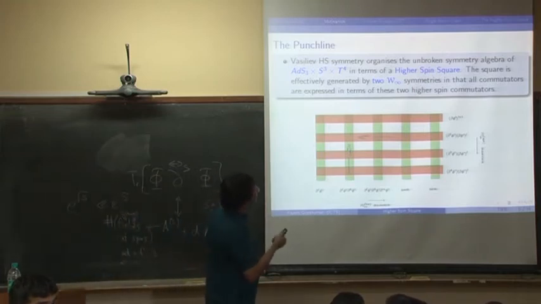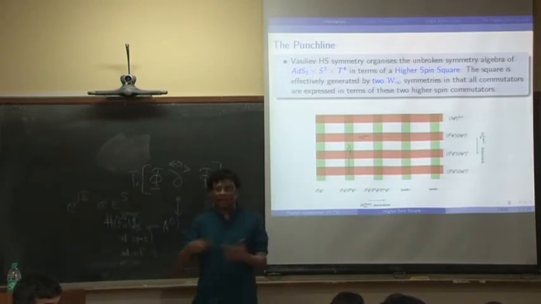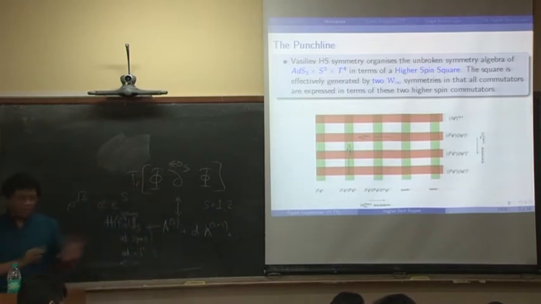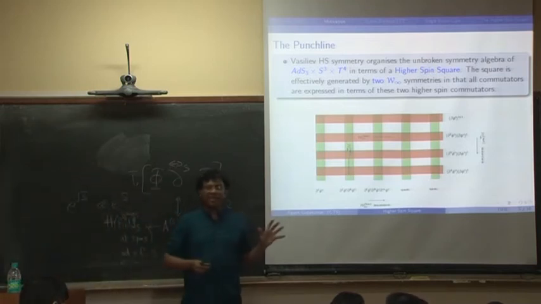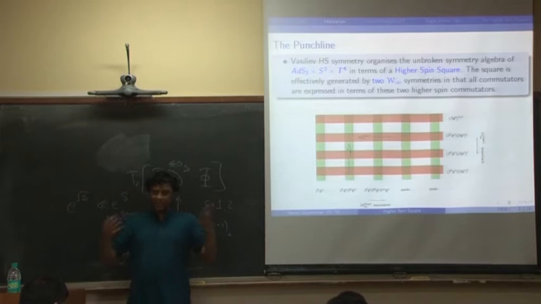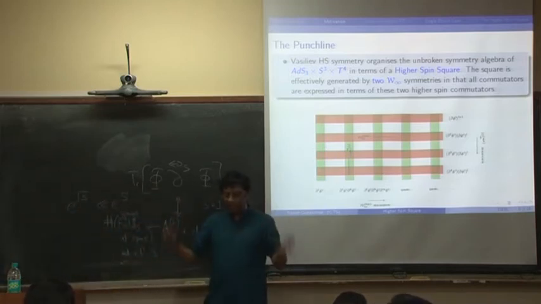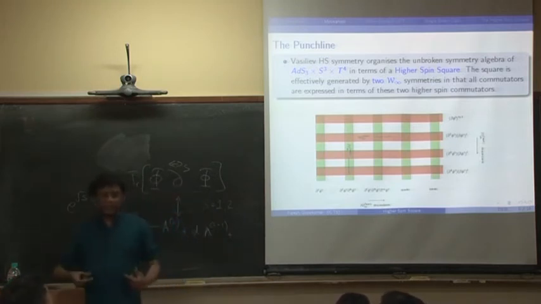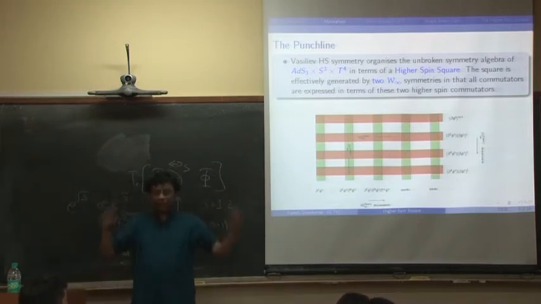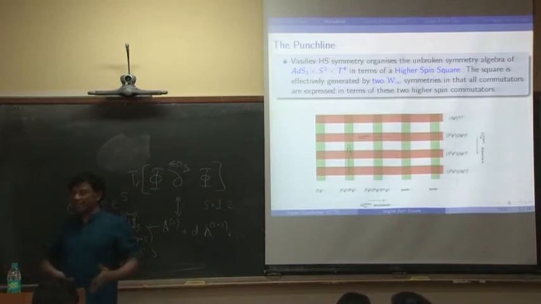When I say effectively generated, what I mean is that all the commutators of the symmetry algebra are expressed in terms of these two higher spin commutators. So this is the mathematical structure which I would like to understand a little better. Normally you hear of direct products, or tensor products, of two algebras, in which the commutators of the combined thing are determined by each individual one. But there, the rank of the combined thing is the product of the individual ranks. So if you had something linear, you would get something at most quadratic.